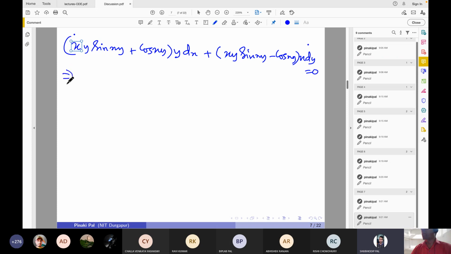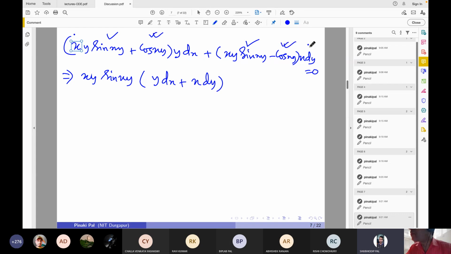Then what we can do is take xy sin xy common from the first term of this differential and the first term of the second part. So then we will get y dx + x dy, and this one will couple with this.